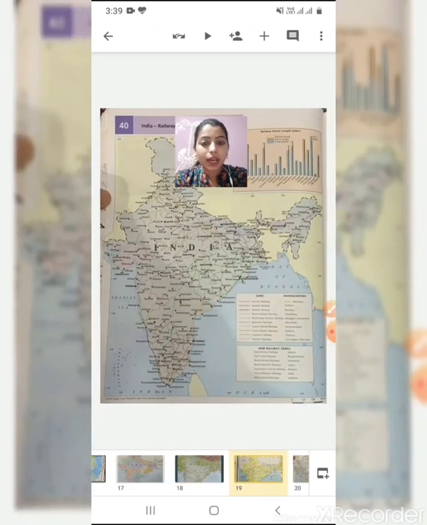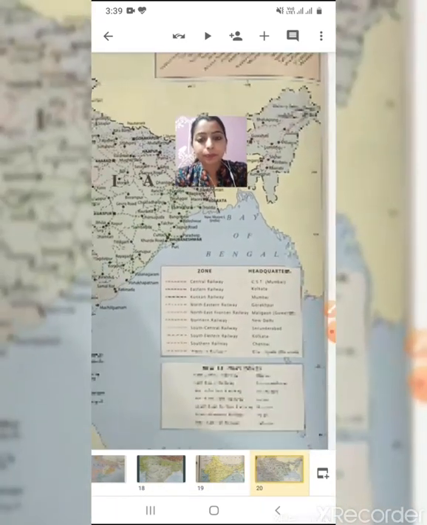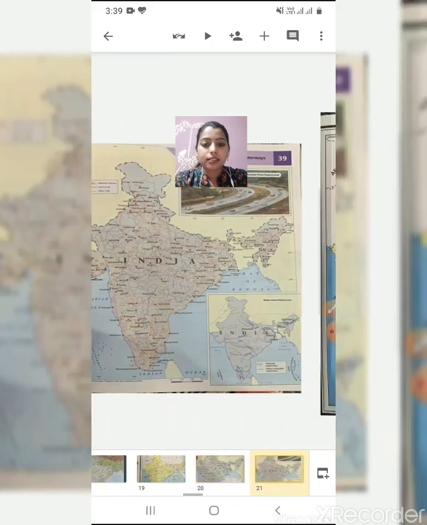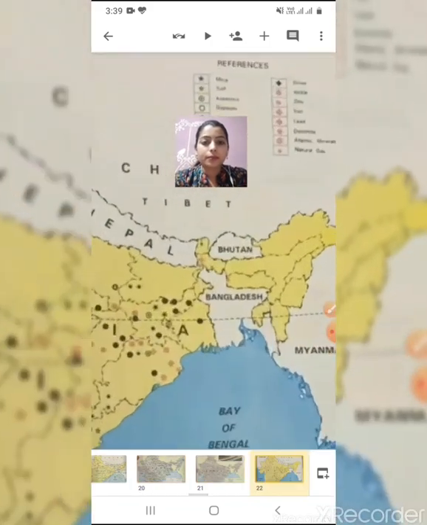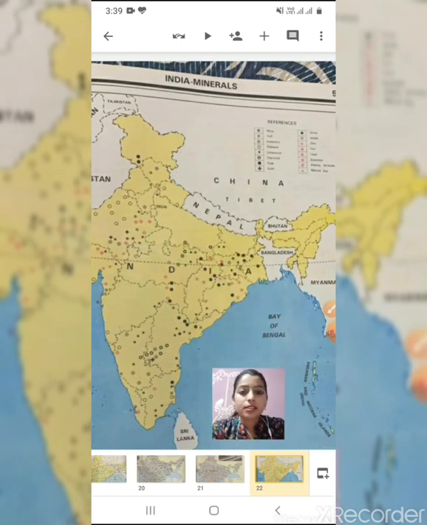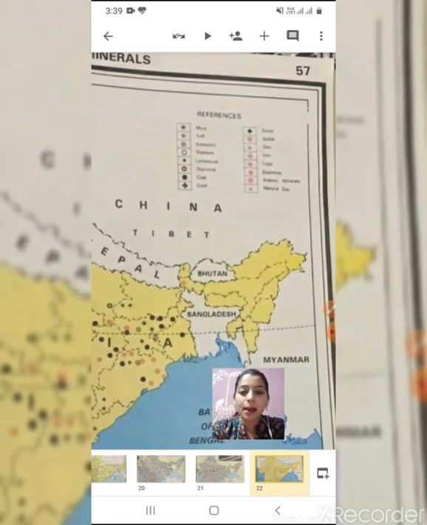Now in this map, see, there are several symbols. Symbols are also written on the map, and each symbol has a particular name.